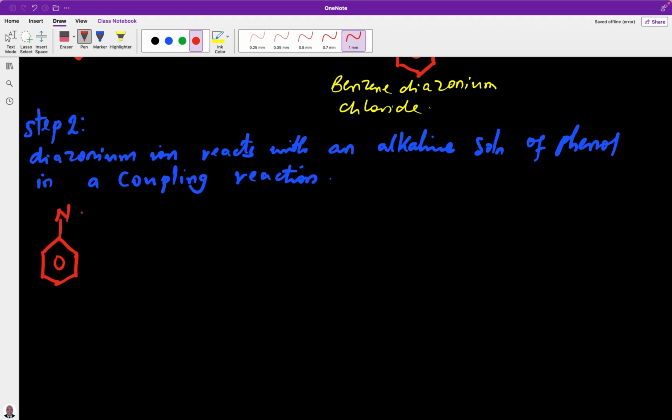Plus, this is a coupling reaction: diazonium ion and an alkaline solution of phenol. And this will be our product.